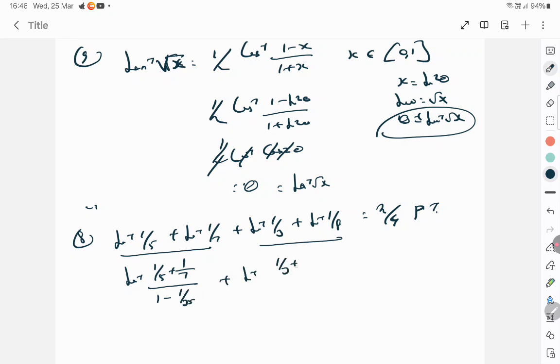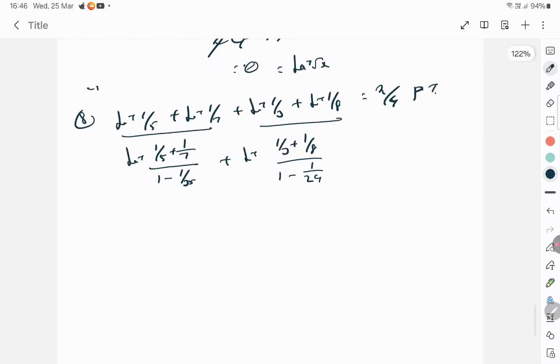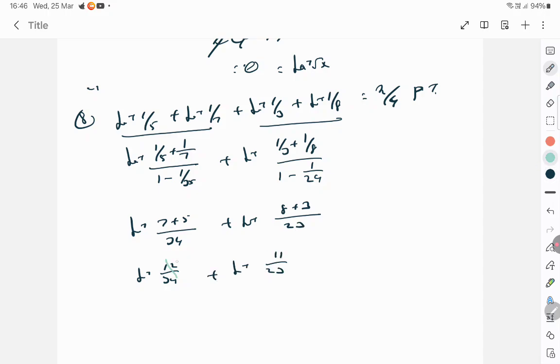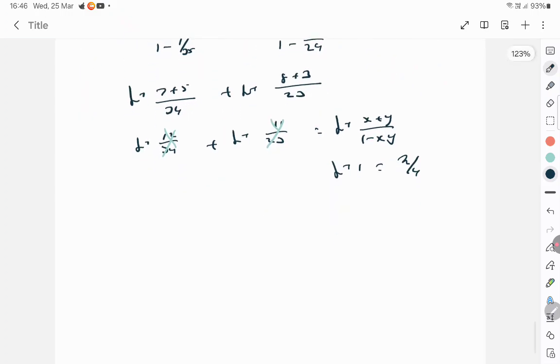Again solve this completely. 1 by 5 plus 1 by 7 gives 12 by 34, which is tan inverse of 12 by 34, plus tan inverse of (8 plus 3) by 23, which is tan inverse of 11 by 23. Again this is tan inverse of x plus tan inverse of y, so do tan inverse of (x plus y) by (1 minus xy). When you substitute that, you get tan inverse of 1, which means the answer will obviously be pi by 4.